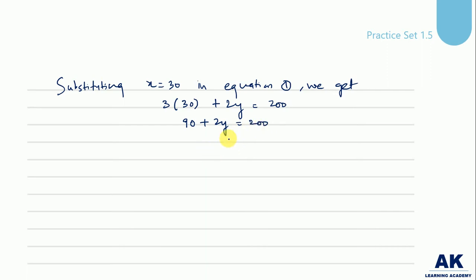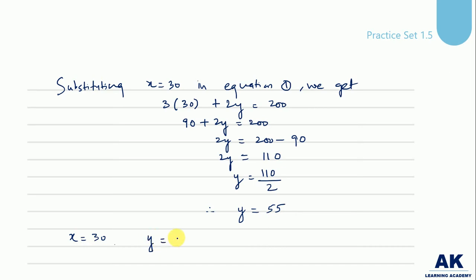Therefore 2y is equal to 200 minus 90, it is 110, so 2y is equal to 110, therefore y is equal to 110 upon 2. Half of 110 is 55, therefore y is equal to 55, right? We have the value of x, which is 30, and the value of y, which is 55.